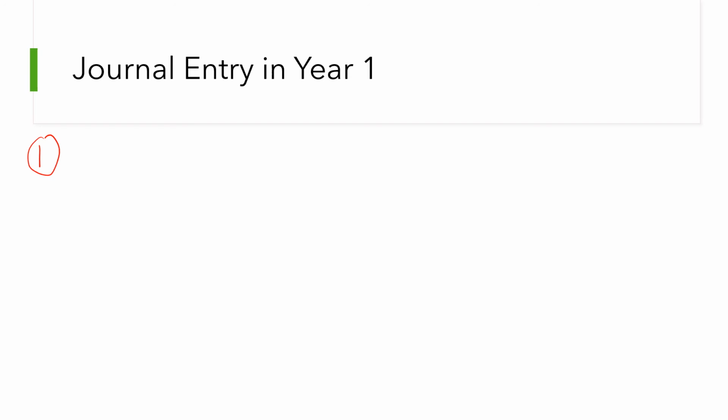So our first journal entry is to record the asset. So first, we debit equipment. So as we have computed before, this is 206,939.